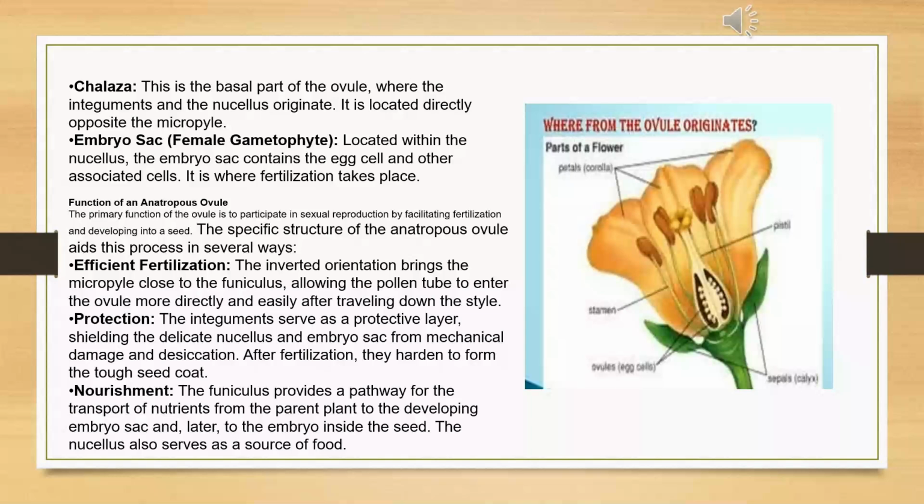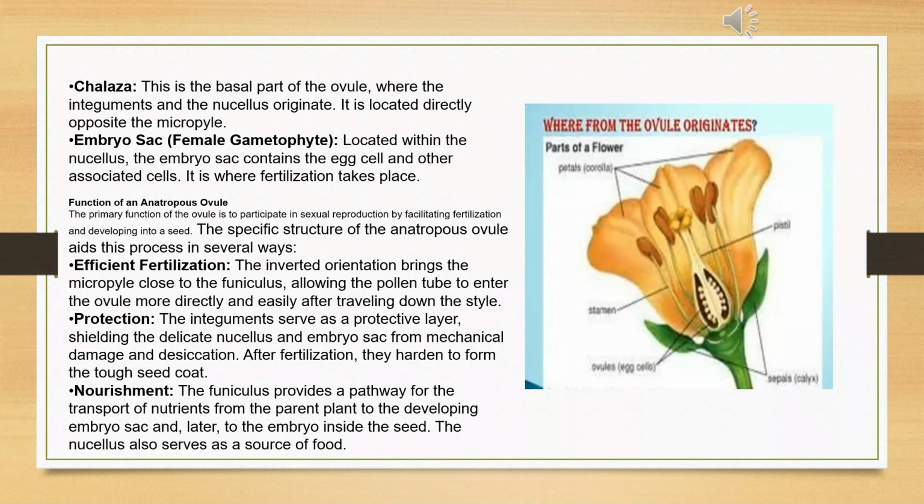The specific structure of the anatropous ovule aids this process in several ways. Like the first one is efficient fertilization. The inverted orientation brings the micropyle close to the funiculus, allowing the pollen tube to enter the ovule more directly and easily after traveling down the style.